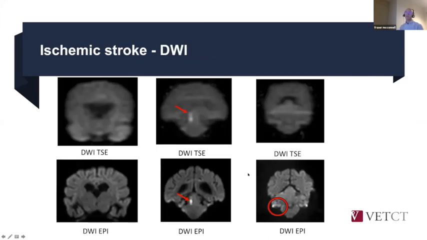In this case, the diffusion was really helpful, and we have two different types of diffusion here. We have the turbo spin echo, which we use for looking at the middle ears and the brainstem, but has slightly less spatial resolution. And then we have the EPI diffusion, which shows this infarct in the right cerebellar vermis as the cause of this dog's clinical signs.